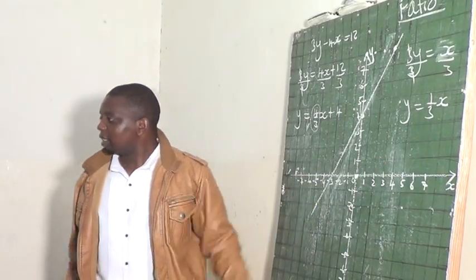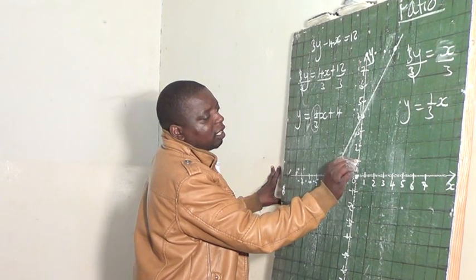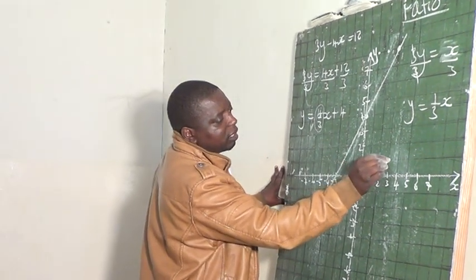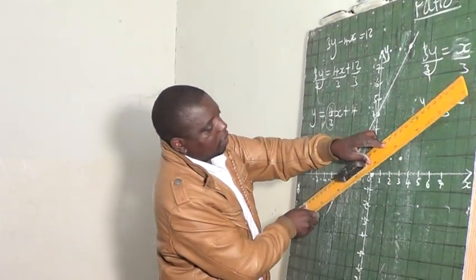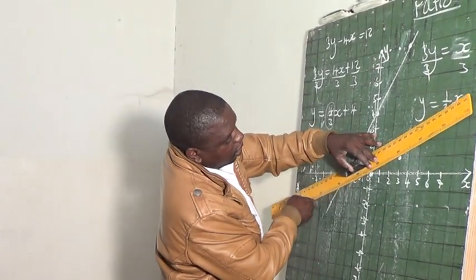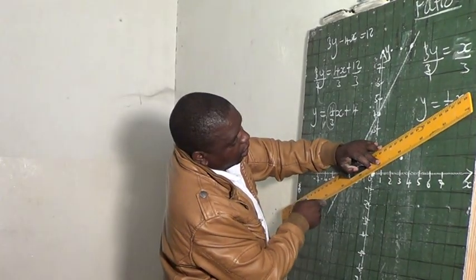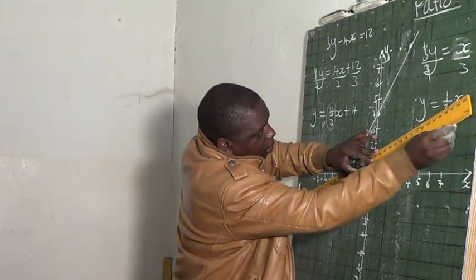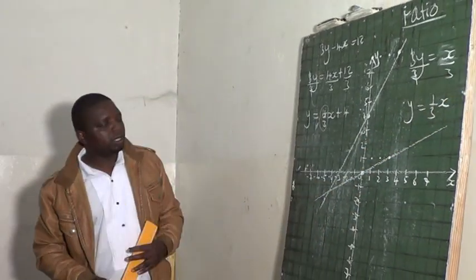What was that? 1 over 3. So you say 1 over 1, 2, 3. That's the line.